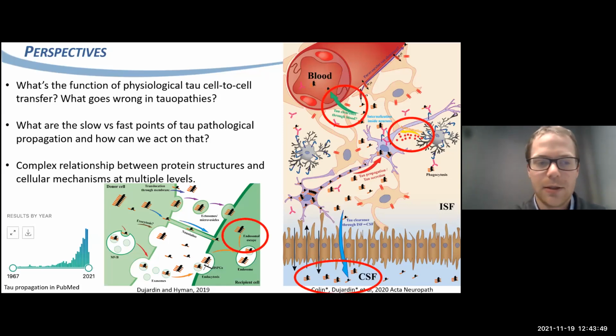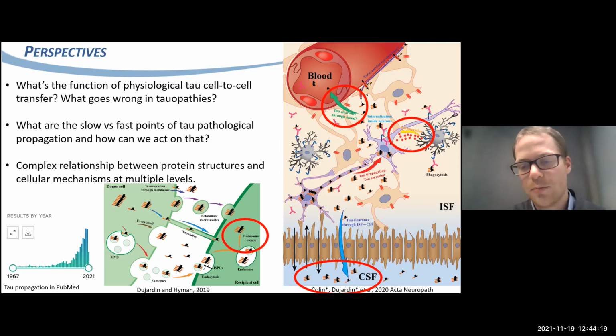Then I think all the mechanisms that I talked about or that were shown in the literature are here. Interestingly, these days we're talking about this endosomal escape that is important because tau seeds usually show up in the lysosomal pathway, and they somehow are able to escape this pathway and contaminate the cells.